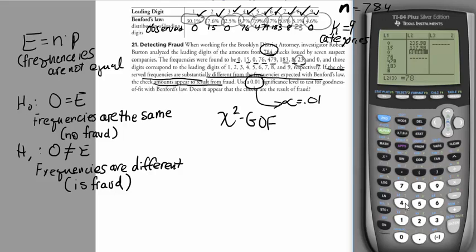All right, 784 times 0.125. There we go. Then the next one is 784 times 0.097. And the next one, 784 times 0.079.